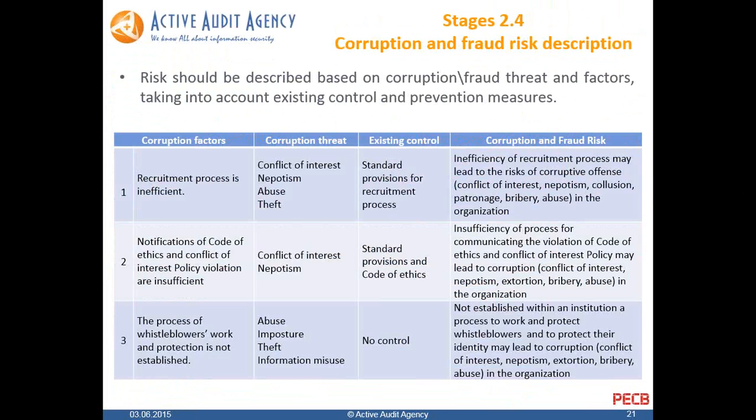We have some threats that can exploit this vulnerability: abuse, theft, information misuse, etc. We have no control, so our risk will be: not establishing within an institution a process to work and protect whistleblowers and protect their identity may lead to corruption or fraud in the organization.